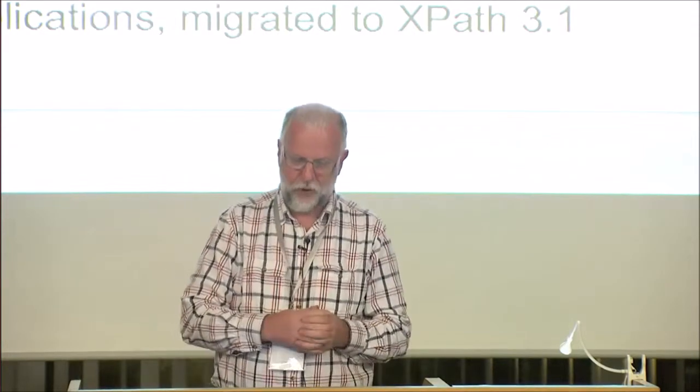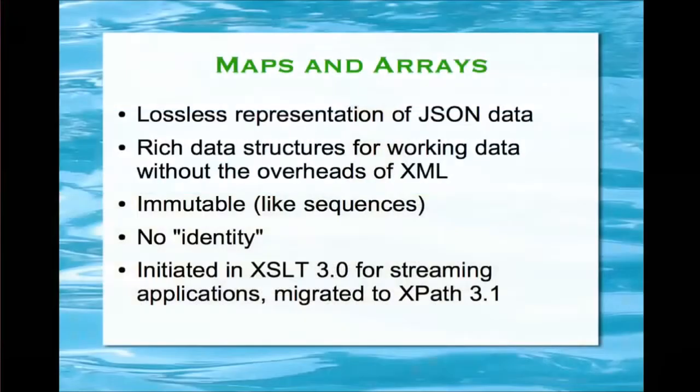And if we look at what maps and arrays do, they're primarily motivated by the need to have a lossless representation of JSON data. If you try and map JSON data into XML, you get something that's a pretty awful mess. And there's a big overhead in usability of using XML internally to manipulate JSON.